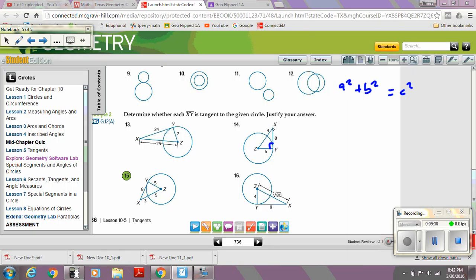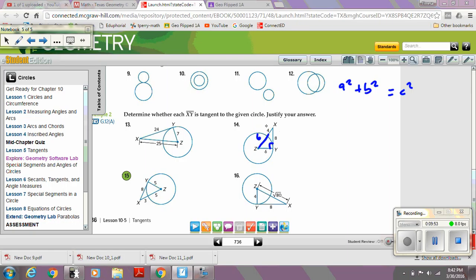C is not shown in its entirety on the diagram. It only shows you a portion of C, the outside portion, which is 4. The other portion, this piece here, is a radius of the circle, and it's showing below that zy represents a radius. So that means there's a 6 right here.